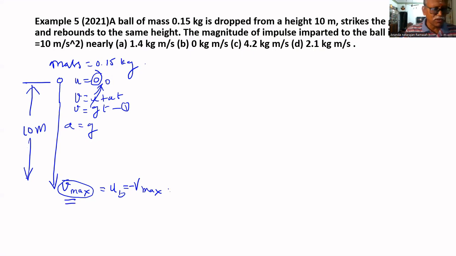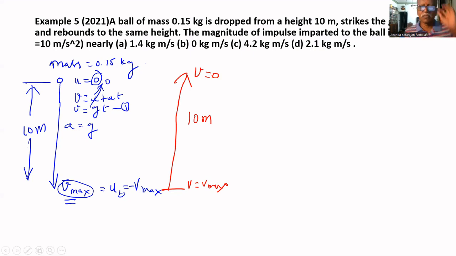If it bounces back, it has to go to the same 10 meter. Then its initial velocity must be V max, and the final velocity is again 0. The distance traveled is the same, so the initial velocity must be V max and the final velocity must be 0.